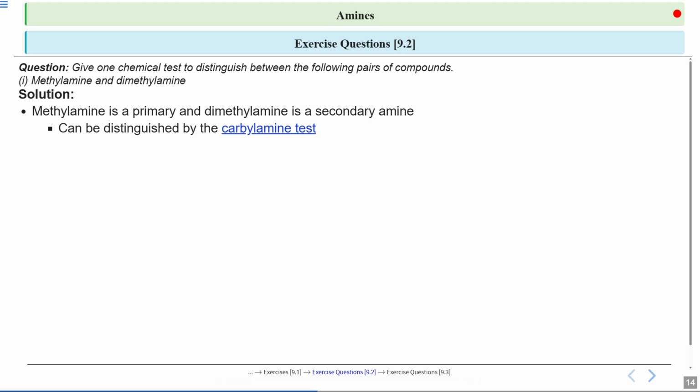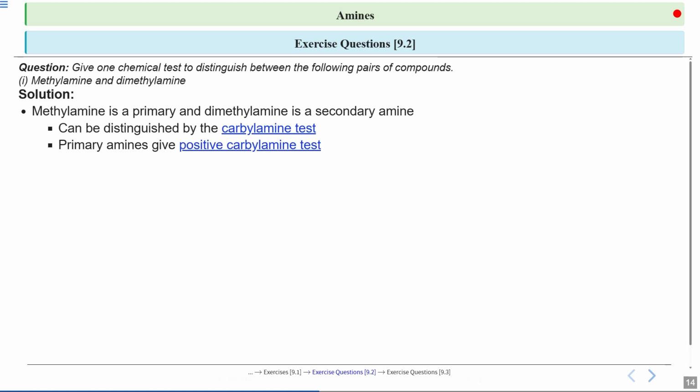So the carbylamine test can be used to distinguish between a primary amine and a secondary amine. Now what happens in case of primary amines? Primary amines give a positive carbylamine test. Isocyanides are the product of this reaction, which are known for being highly toxic and having a very foul smell. This strong odor is what makes this test so useful in the lab.